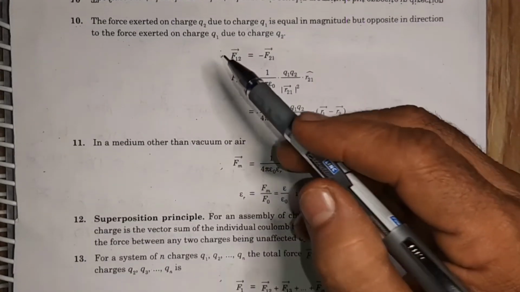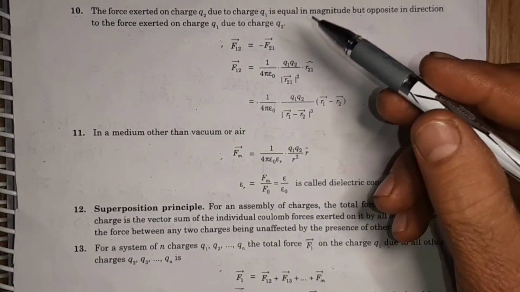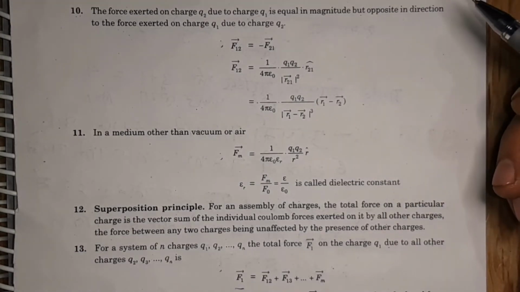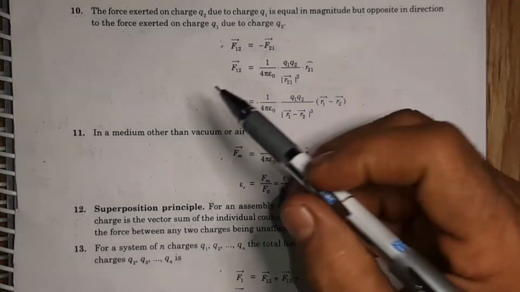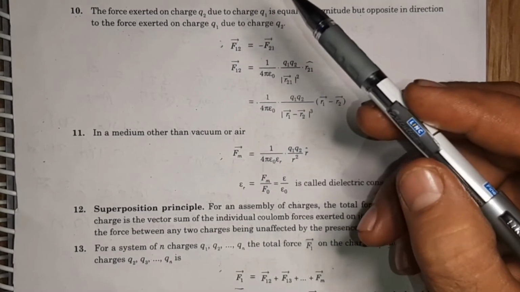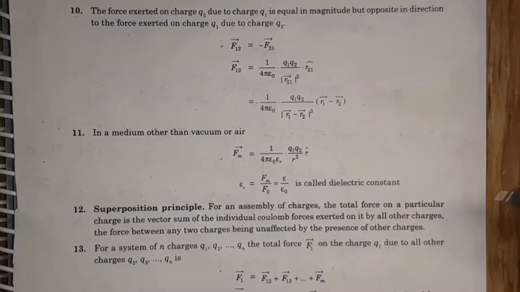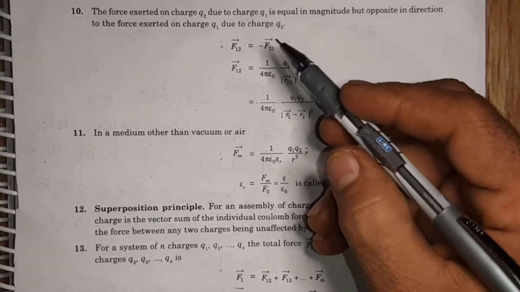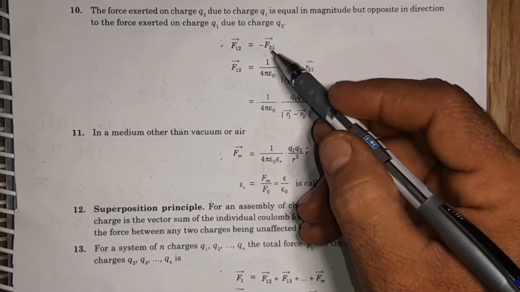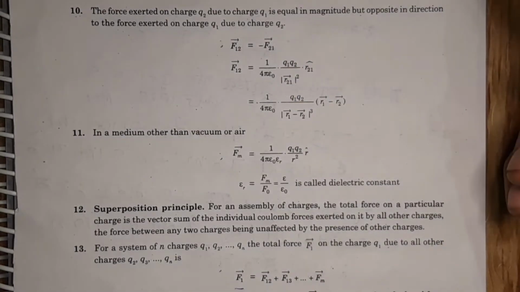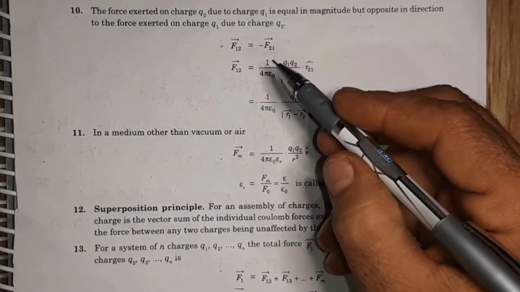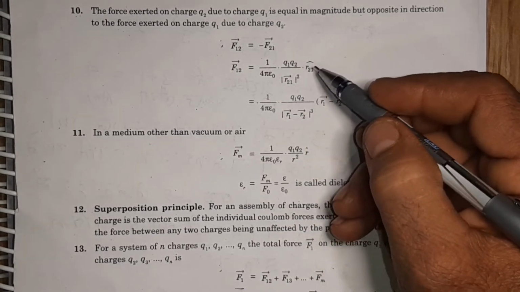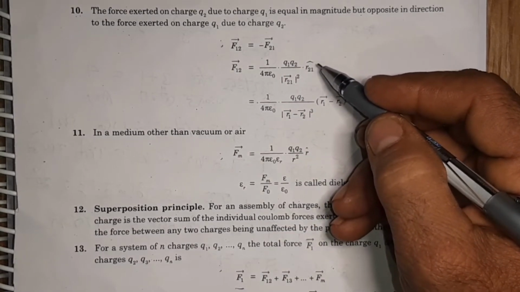Tenth, the force exerted on charge Q2 due to charge Q1 is equal in magnitude but opposite in direction to the force exerted on charge Q1 due to charge Q2. Symbolically, it can be written as vector F12 equals negative vector F21, where F12 equals 1 upon 4 pi epsilon naught Q1 Q2 upon r21 square into unit vector r21.